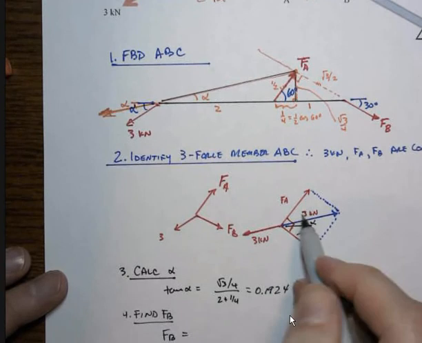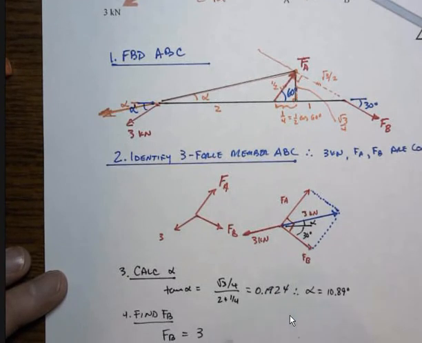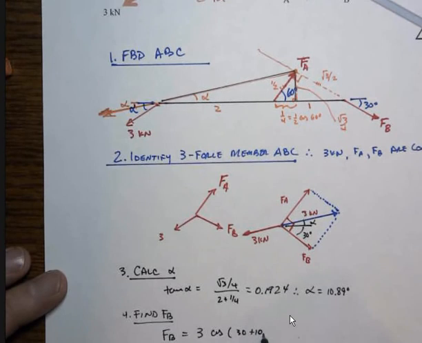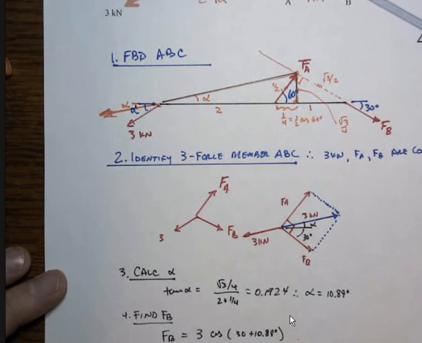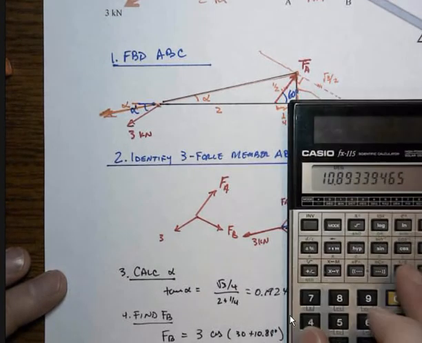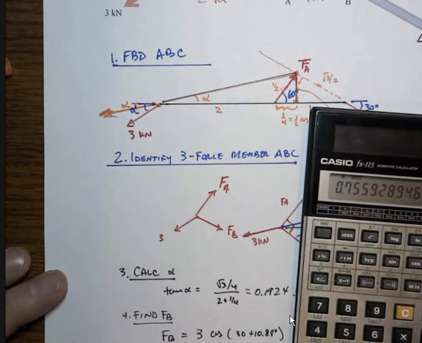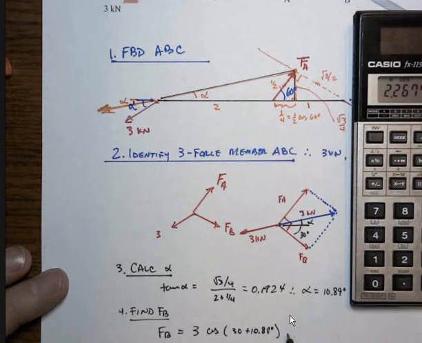There's an adjacent thing here, so FB is 3 kilonewtons times cosine of 30 plus the 10.89, or of course 40.89 degrees, and that would be 2.27.